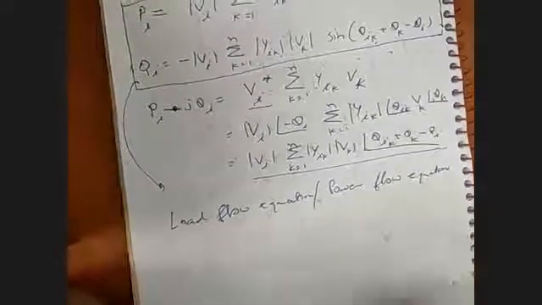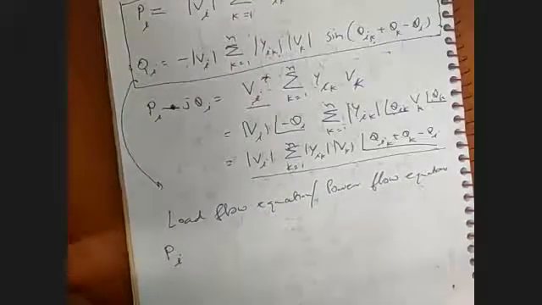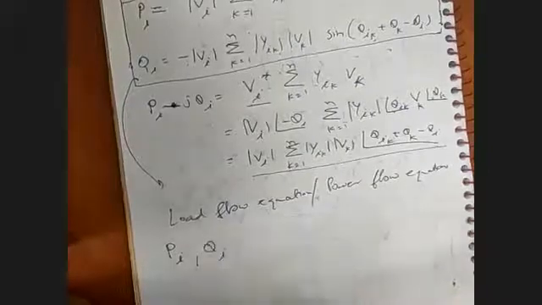So now we have Pi, we have Qi, we have Vi, and we have Ii.